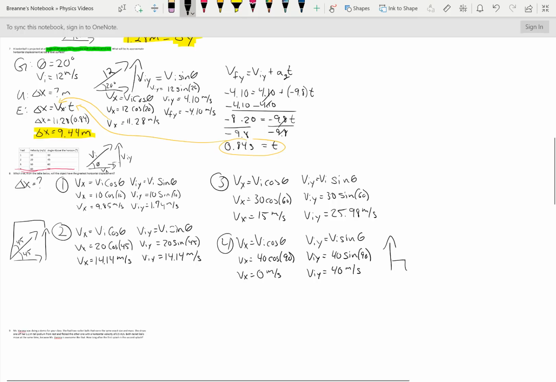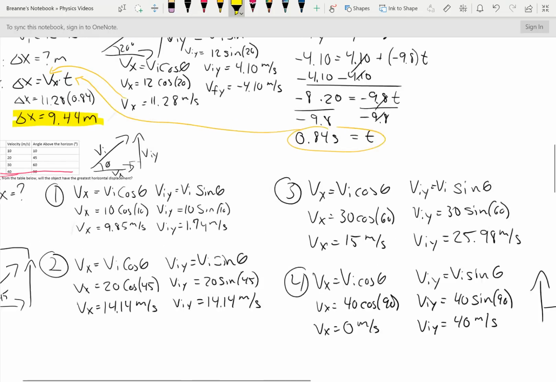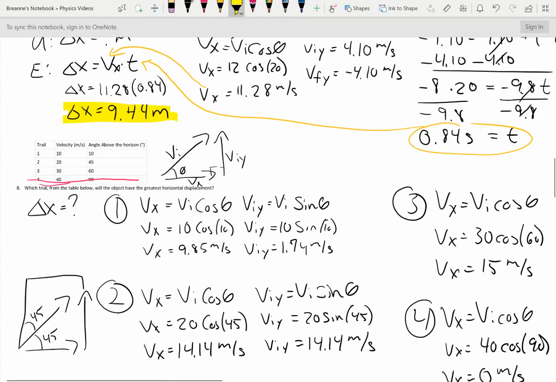So now let's look at our numbers. We have about a 10 and a 2, 14, 14, 15, 25. So basically, if you just look at the numbers, the ones with bigger numbers are going to be your answer. So you don't have to do the other steps if you don't want to.